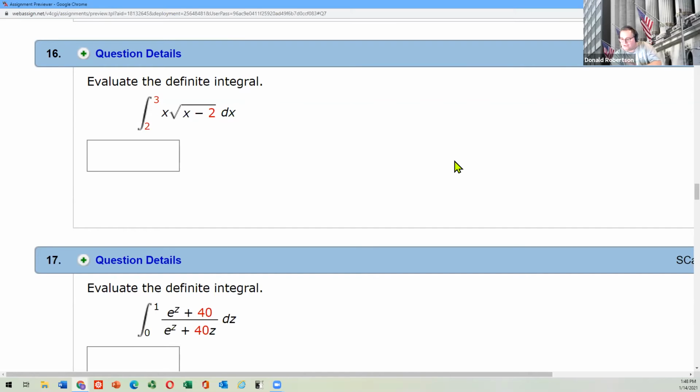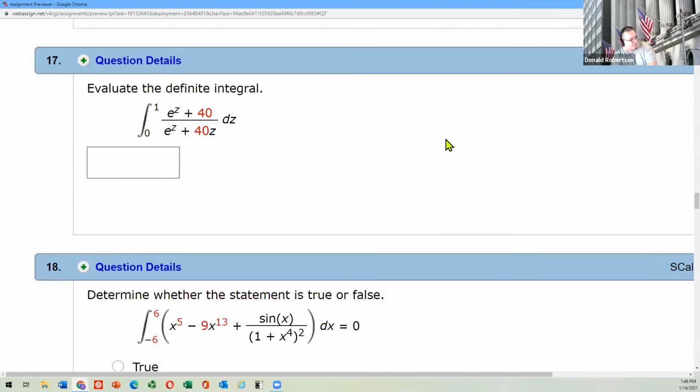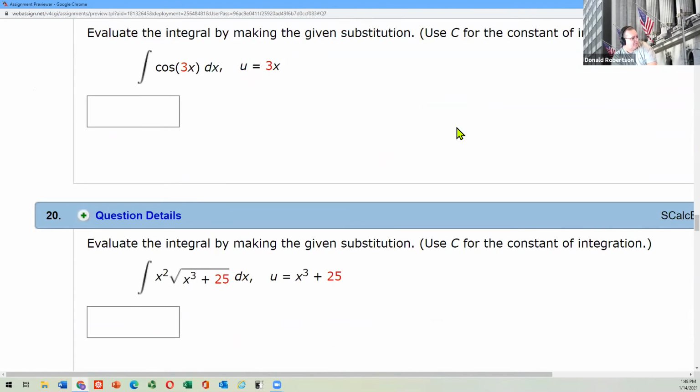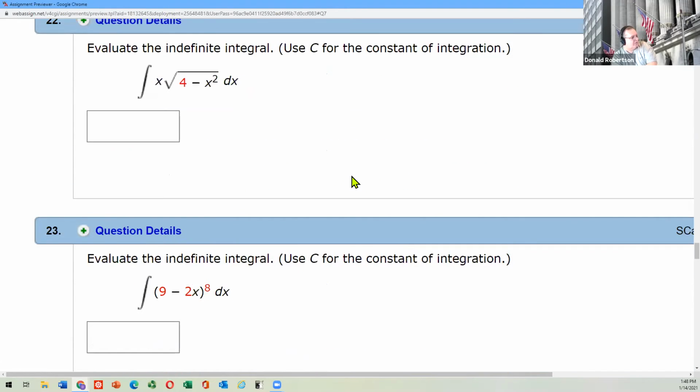Because if you see enough situations, it just becomes second nature. You look at it and you say, yep, u sub is x minus 2. Who's the u sub in 17? e to the z plus 40z. Well, e to the z plus 40z, but I'll let that one slide. Oh, God, they told you that one, told you that one, told you that one.